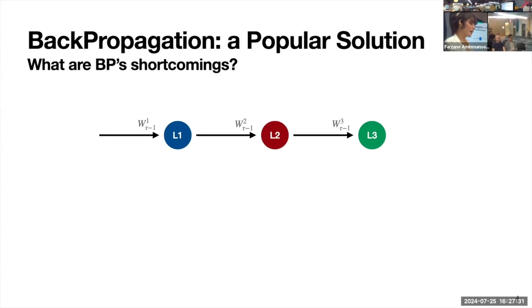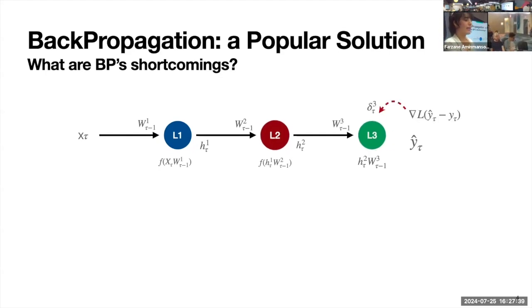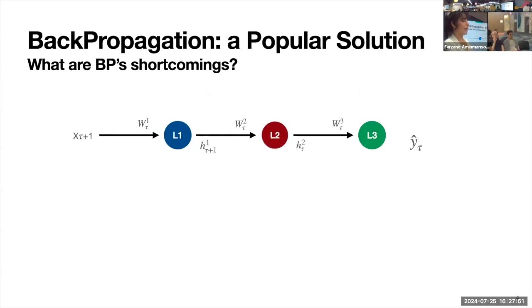The way backpropagation works is that new data arrives at time step tau, and the forward pass happens, updates all of the activations, and then the gradient is calculated and the error is propagated backward through the chain rule, and then an update happens. Then this happens again for the next data sample that arrives.